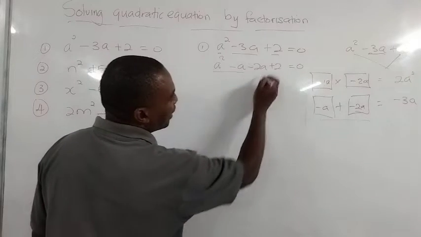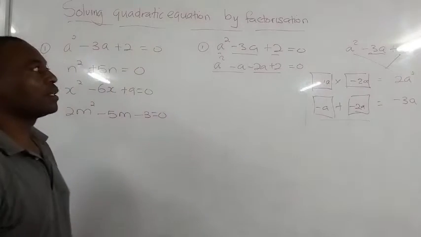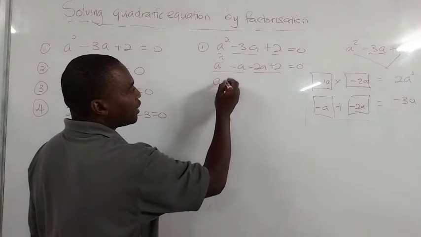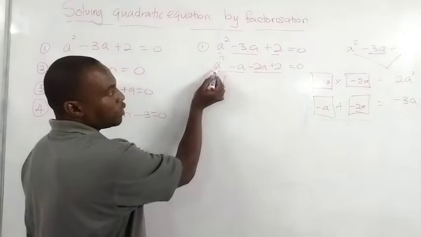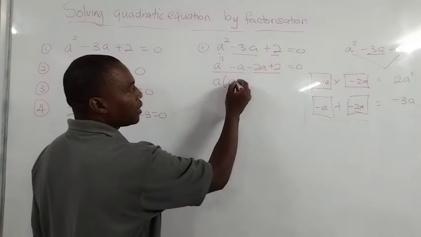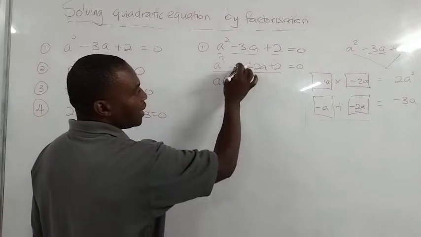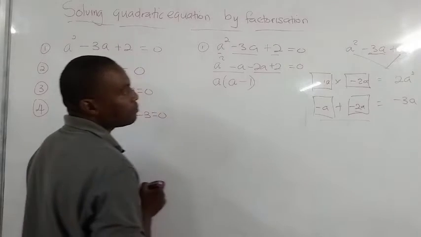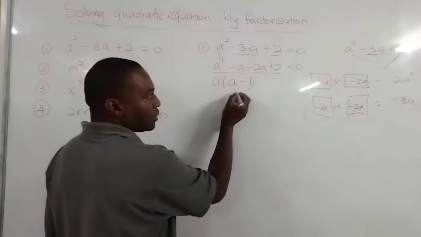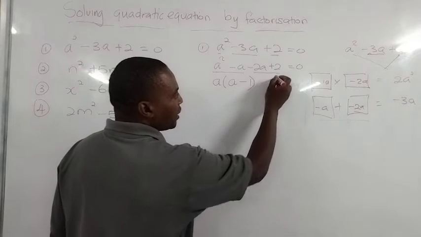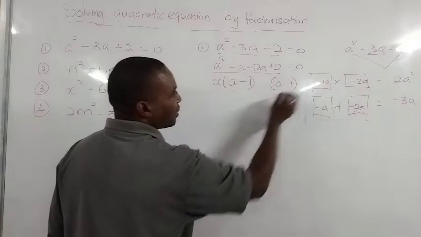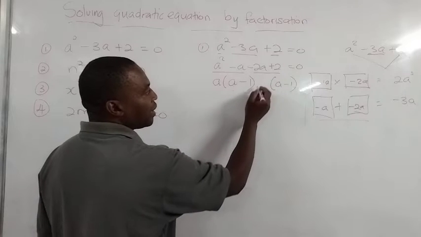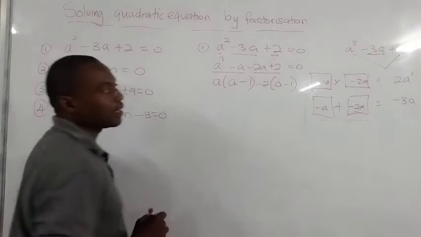Then you understand that we factorize by grouping. The first 2 terms, what is common is a, so we factor out a, and then if we divide a squared by a, we get a, minus a divided by a is 1. And then the last 2 terms, we have to factor out something so that we remain with a minus 1. So what we factor out on negative 2a to remain with a, we factor out negative 2.